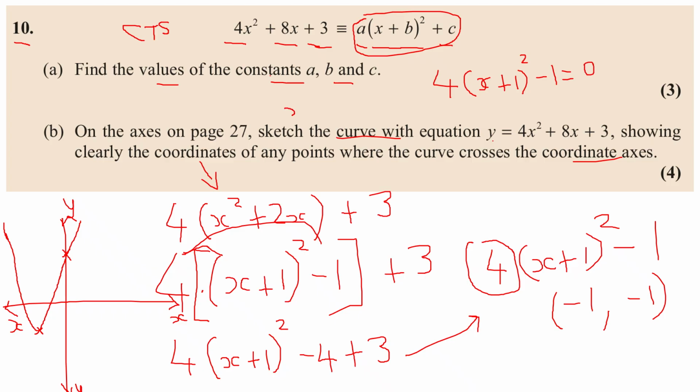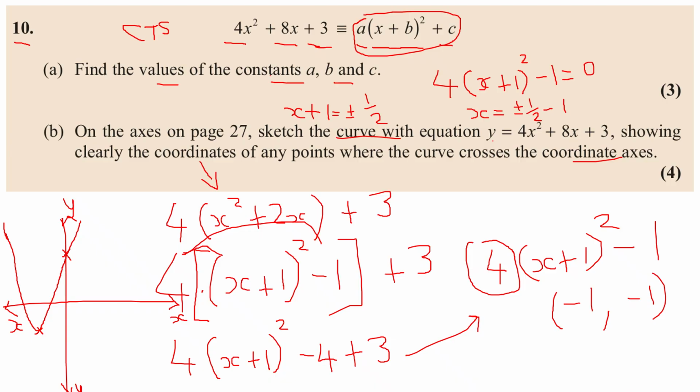So I have x plus 1 is equal to plus or minus the square root of 1 over 4, or 1/4, which would be half. Subtract 1 on both sides. We have x is equal to plus or minus a half minus 1. And then you're able to work out or deduce what your x-intercepts are.